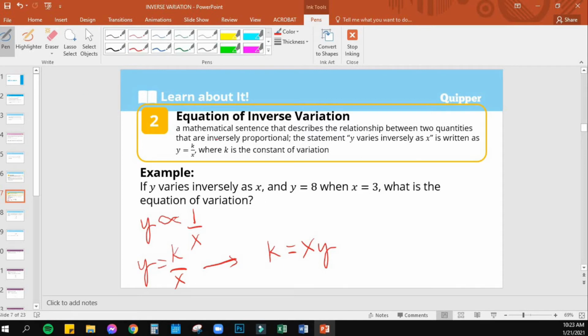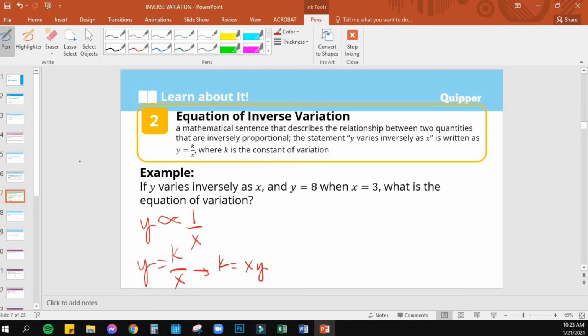Will you please read the example, Samantha? Sir, if y varies inversely as x, y is equal to 8 when x is equal to 3, what is the equation of variation?